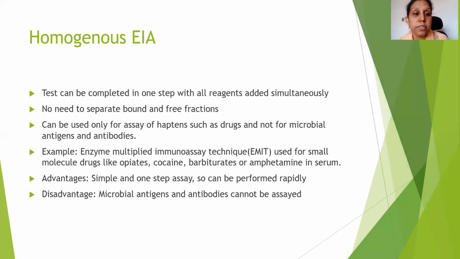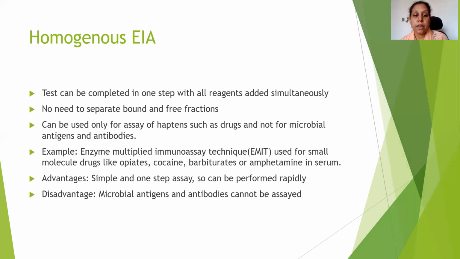So what is homogeneous enzyme immunoassay? This is a test which can be completed in one step with all reagents added simultaneously. There is no need to separate bound and free fractions, and it can be used only for assay of haptens such as drugs, and not microbial antigens and antibodies.